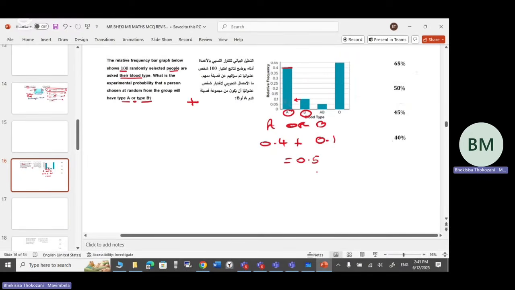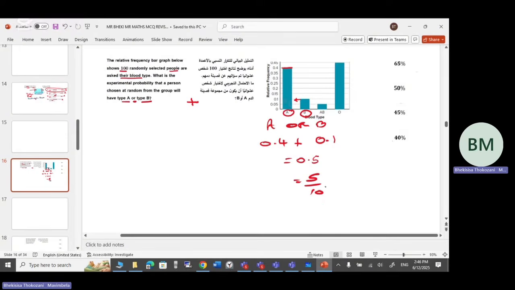But remember, we're looking for a percent, because our answers there are given to us as a percent. So what is 0.5? It's the same as 5/10.